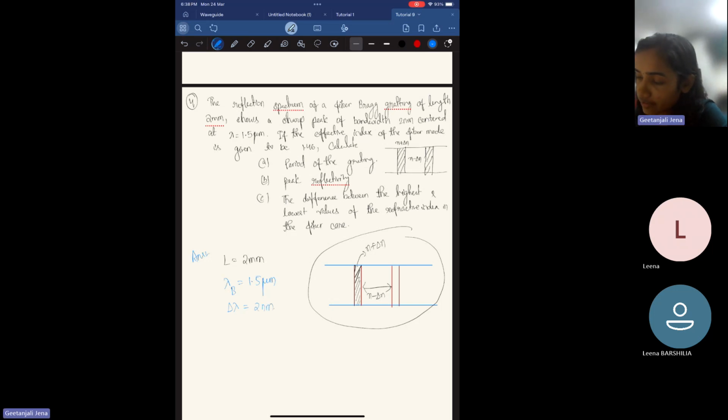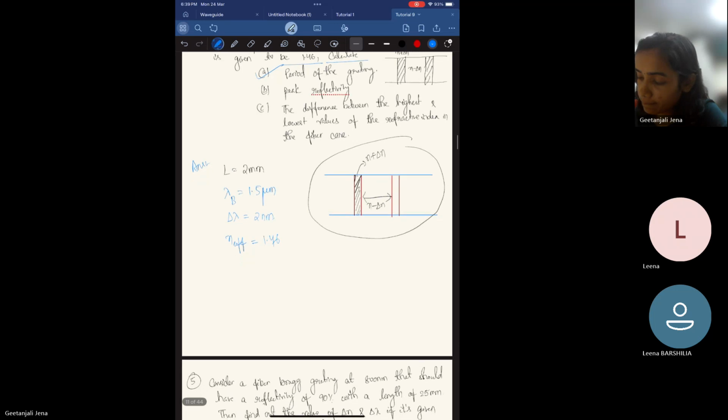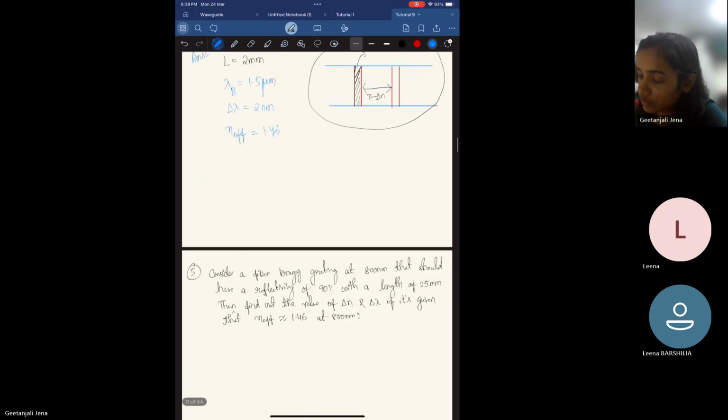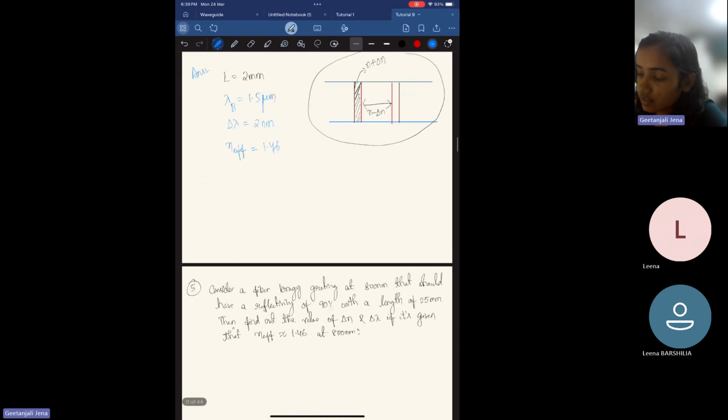And the other thing given is that the propagating mode inside the fiber has an effective index 1.46. So in the first part, it asks to calculate the period of the grating, which is easy to solve, right?